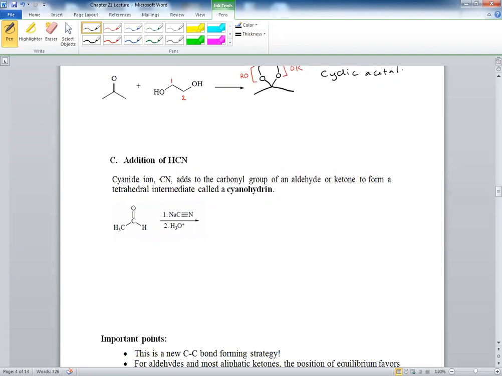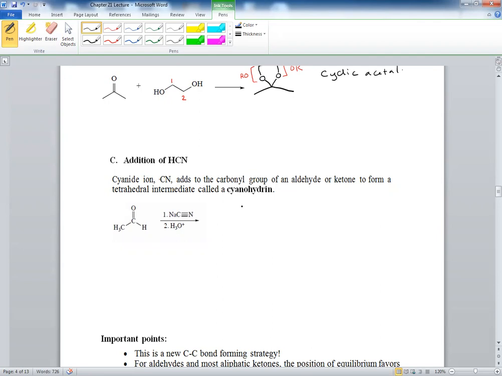So cyanide ion, CN minus, adds to the carbonyl group of an aldehyde or ketone to form a tetrahedral intermediate called cyanohydrin. We did actually see those before, with halohydrin. So now it's a cyanohydrin.